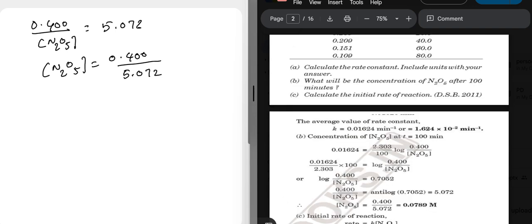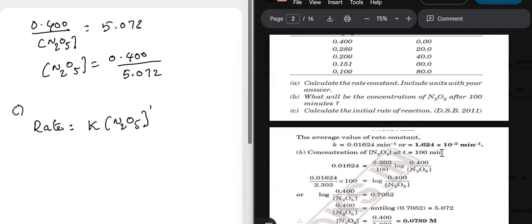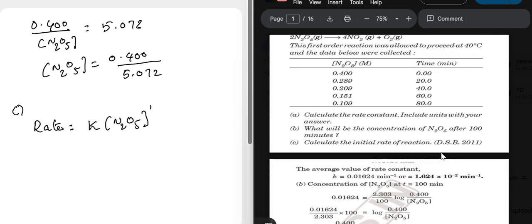Then the third part of the question is to calculate the initial rate of the reaction. So how do we calculate the rate of the reaction? For a first order reaction, rate is equal to K into N2O5 raised to 1. But here you see different time intervals and different concentrations are given. Since they are asking for the initial concentration, we have to take the concentration at the initial time.